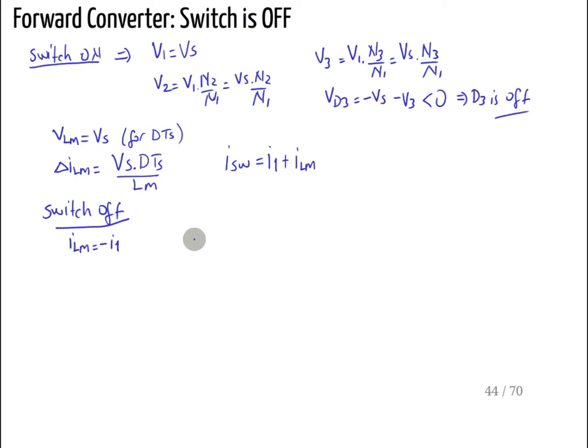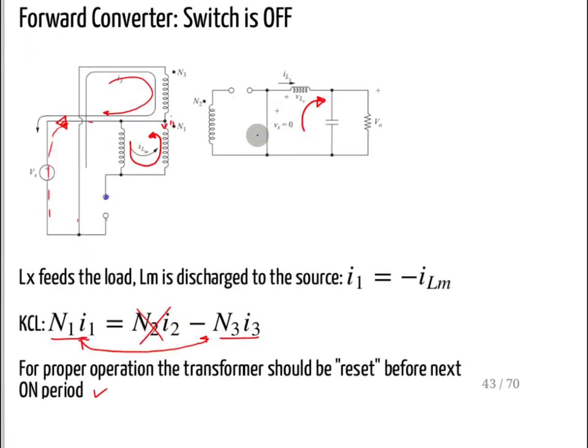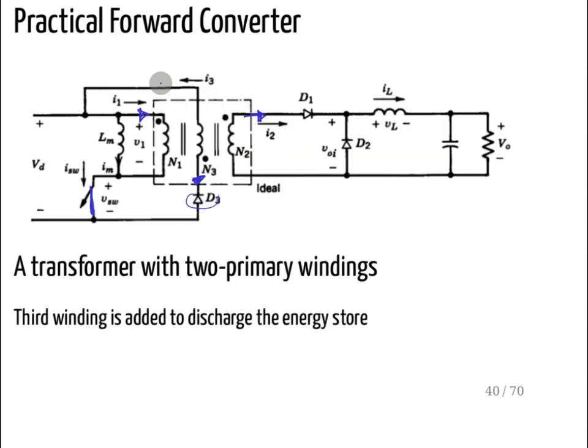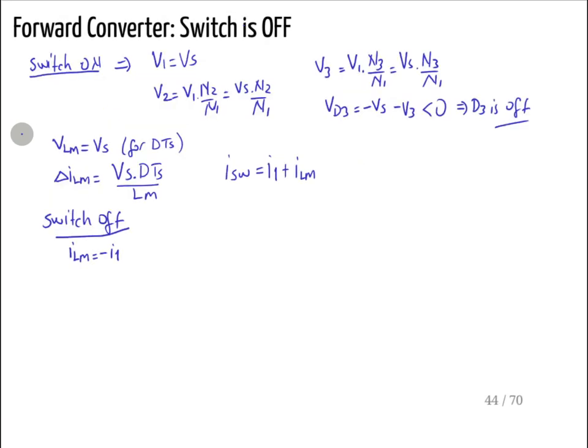So I can also write what V3 is. The voltage on the third winding, they are reverse connected. Let me maybe open here. If that one is flowing, then V3 is minus the input voltage. So V3 is equal to minus Vs. Now let's write V1.